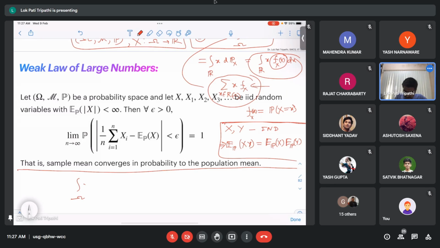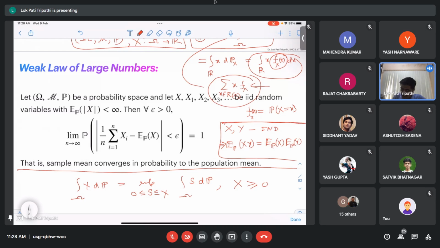You have defined it as the supremum of integrals of s, where s lies between 0 and x and is a simple function. So what will you do? First you will prove it for simple functions. And of course this is defined if x is non-negative.